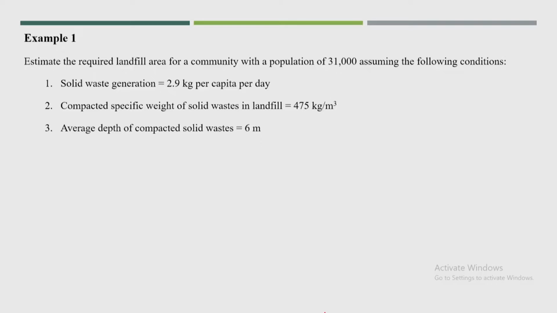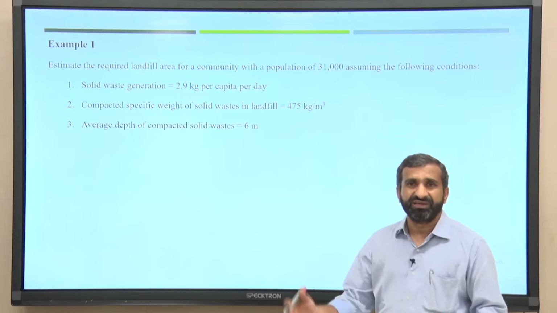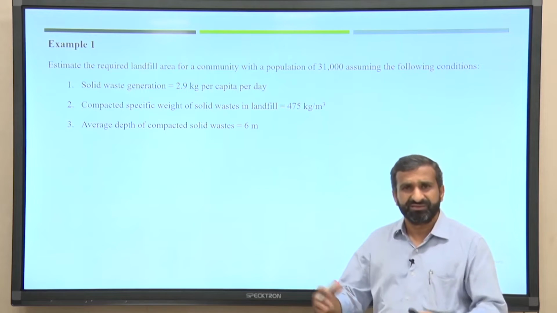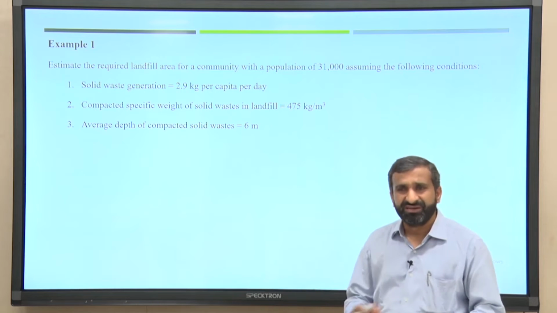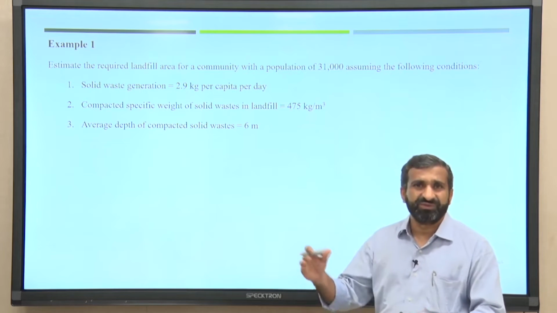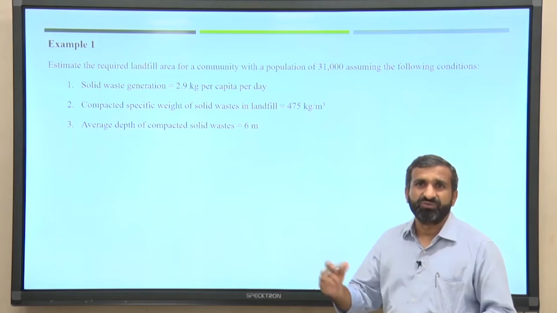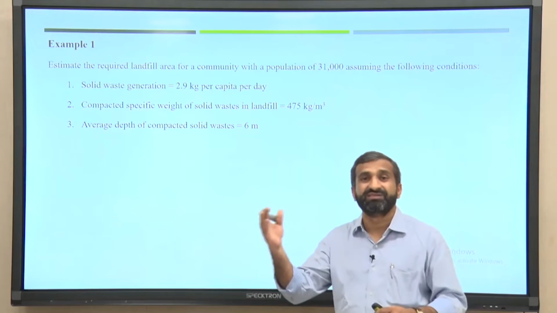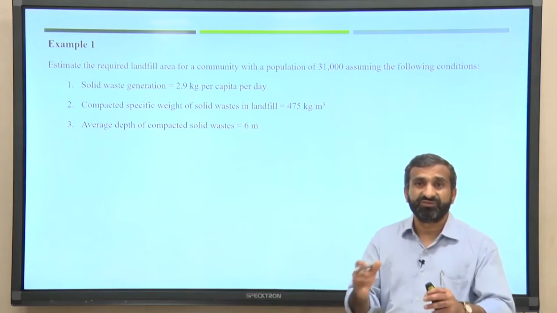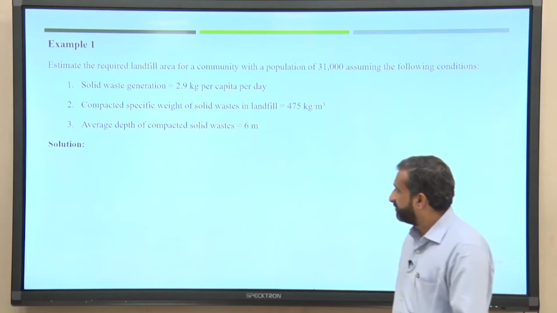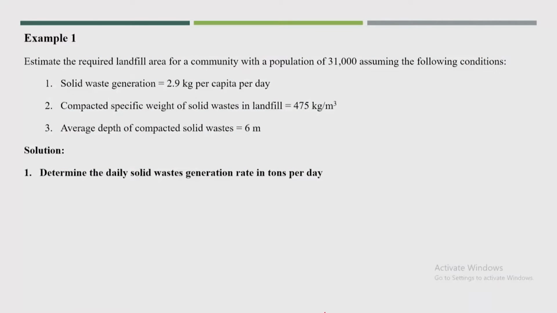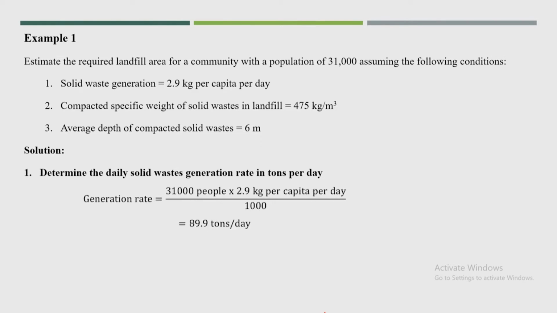Maybe it is good to calculate the area in a year, because the data is not given for how many years this landfill site could be useful. So, the solution will start. First, we will calculate the daily solid waste generation rate in tons per day.